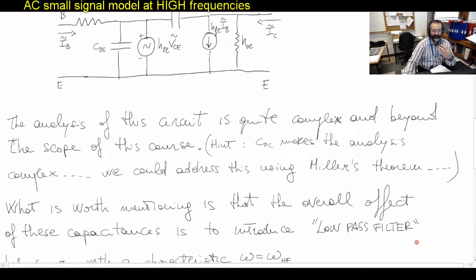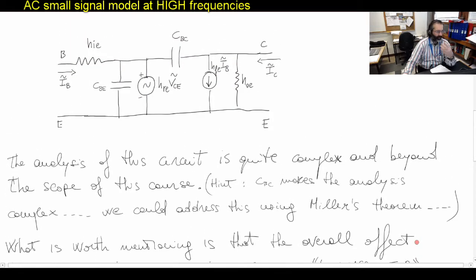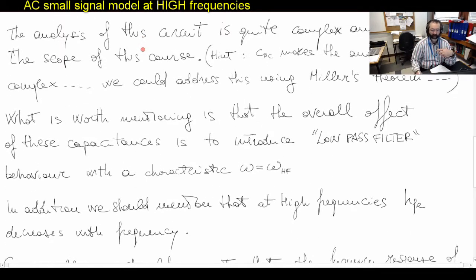What is worth noticing here is that in the end, the effect of the presence of these capacitances is to add a low-pass filter behavior. So there will exist an omega high frequency, omega HF, above which the system will start to behave as a low-pass filter, and attenuation will kick in.